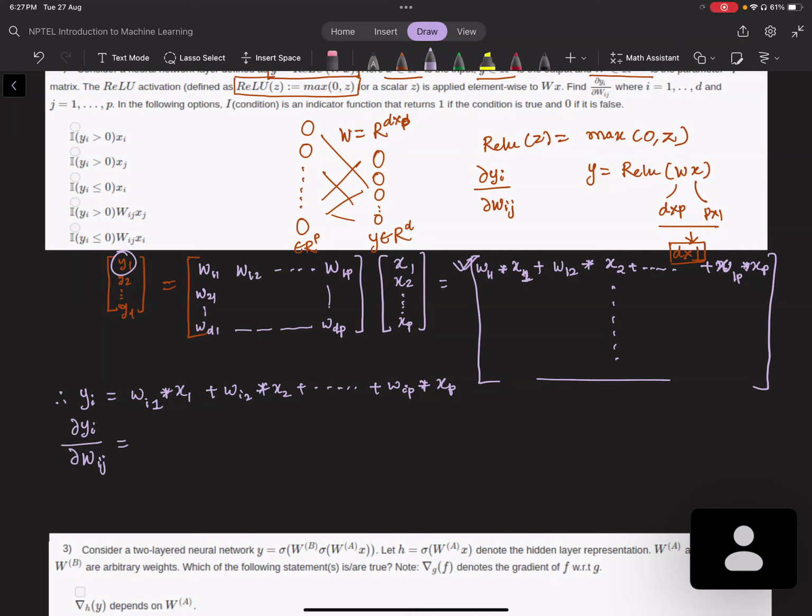All these things I'm putting ReLU on top of here.